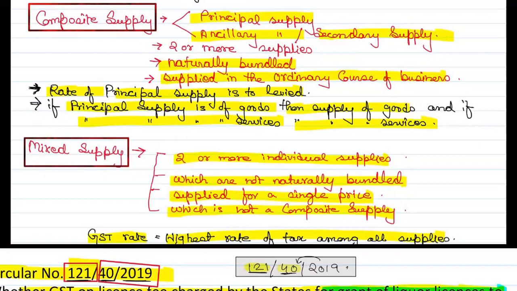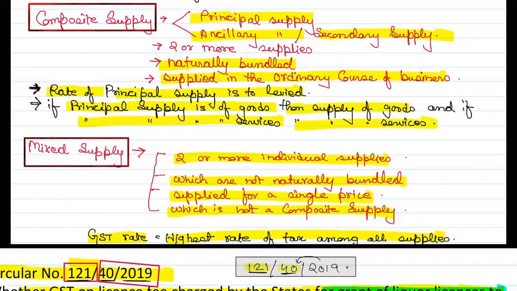And they're supplied for a single price, because whatever the pack price is, that will be charged, and it is not a composite supply, meaning they are not naturally bundled. That is known as mixed supply. In mixed supply, you do not need to determine whether it is of goods or services. Why? Because the GST rate is the highest rate of tax among all the supplies. So sweets, fruits, and soft drinks, a combo is there.